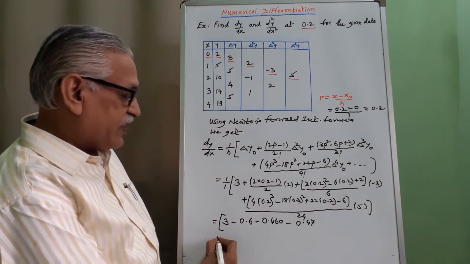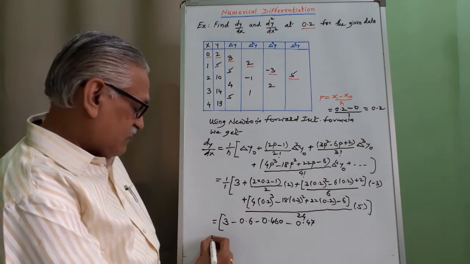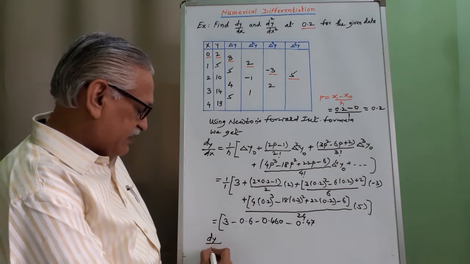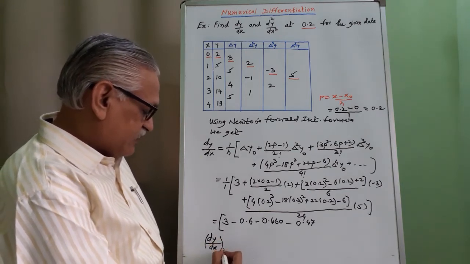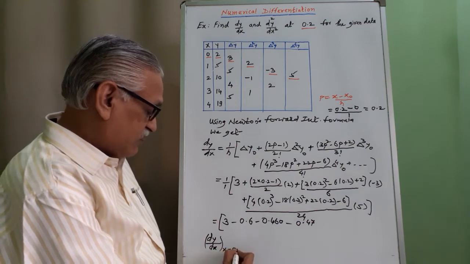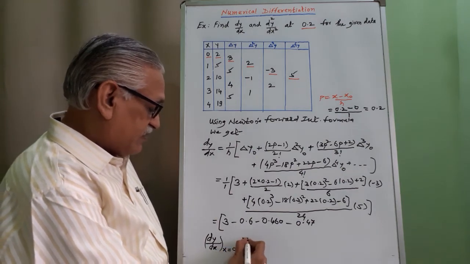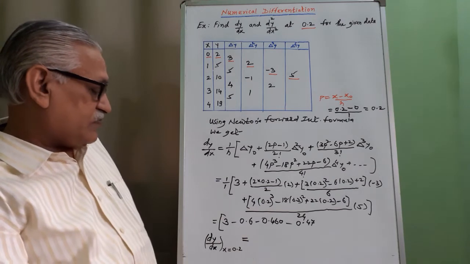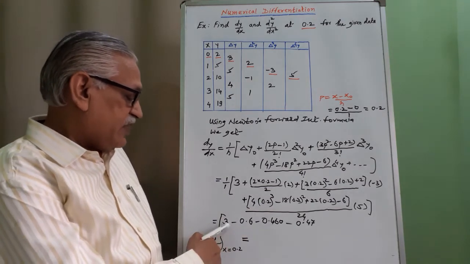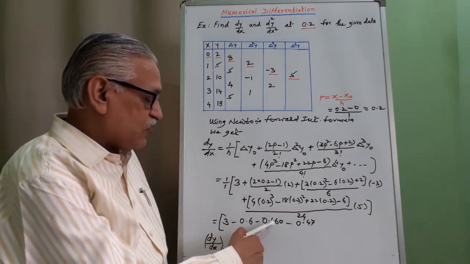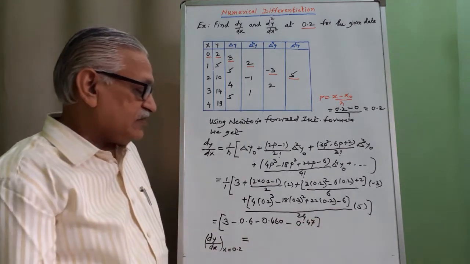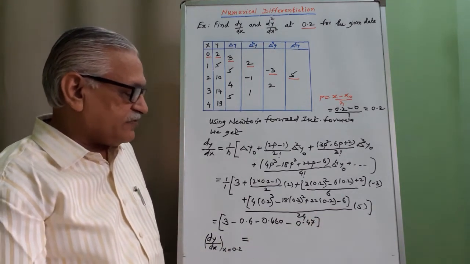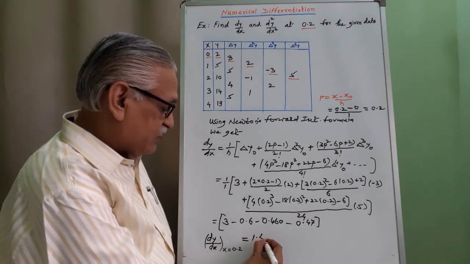Therefore, we get the value of dy by dx at x equal to 0.2 as 3 minus 0.6 minus 0.46 minus 0.47. The simplified value is 1.47.